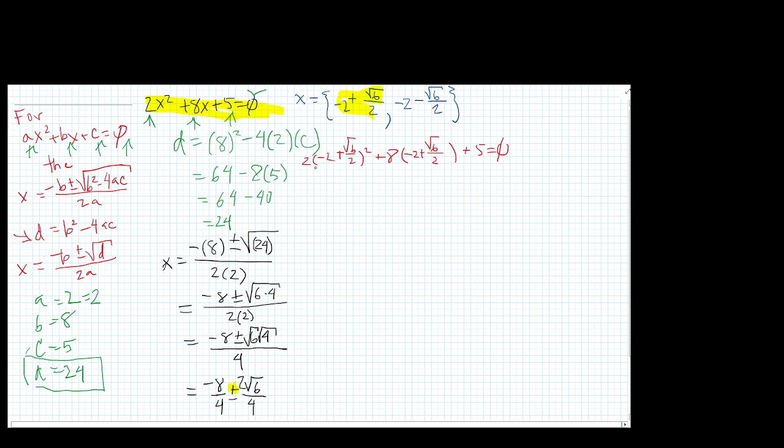Now, you can't do anything. You can't multiply this 2 in there because it has a square. You must do the exponents first always. So you got a 2. And I'm going to write it out so we can see clearly what we're doing. This is squared, so it's that multiplied by itself.